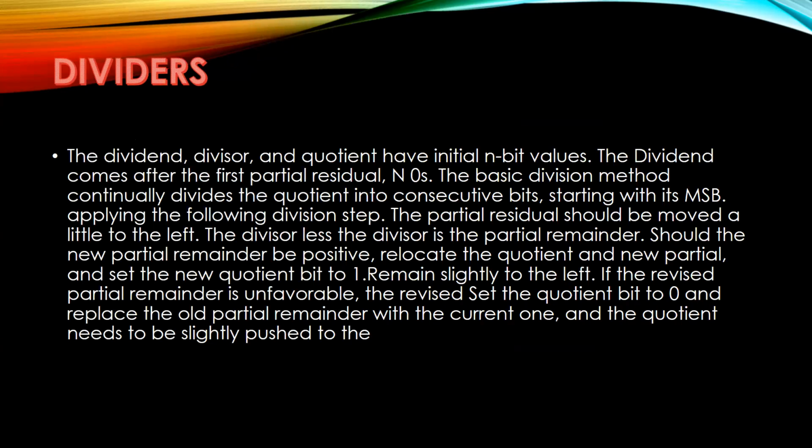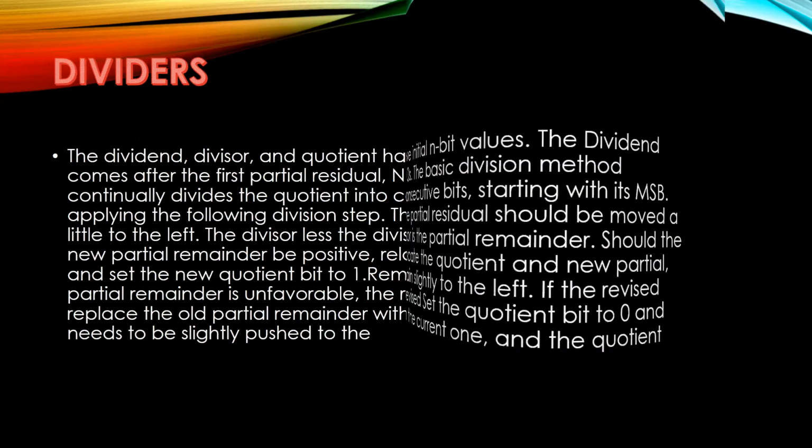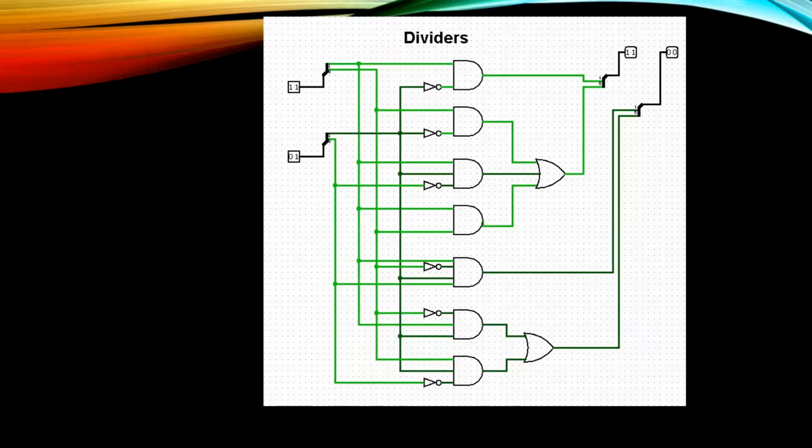And the quotient should be moved one bit to the left. Once all of the bits in the quotient have been produced, repeat the divide process to produce the quotient and remainder. This is the circuit design for the divider.